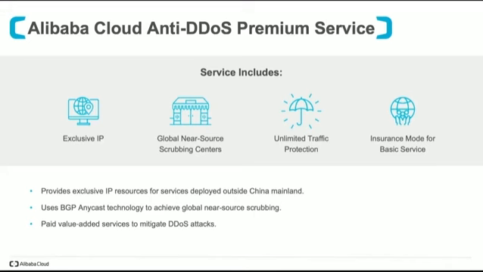Or if your node gets into black hole, it will somewhat affect the other customers. And then we provide Anycast to do the near source scrubbing. And then we have two modes of protection plans. One is the unlimited traffic protection. The other one is insurance, which we can take a look at in detail.